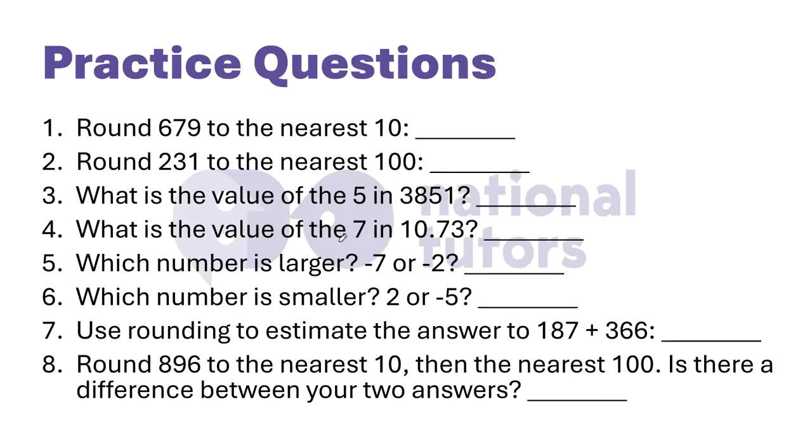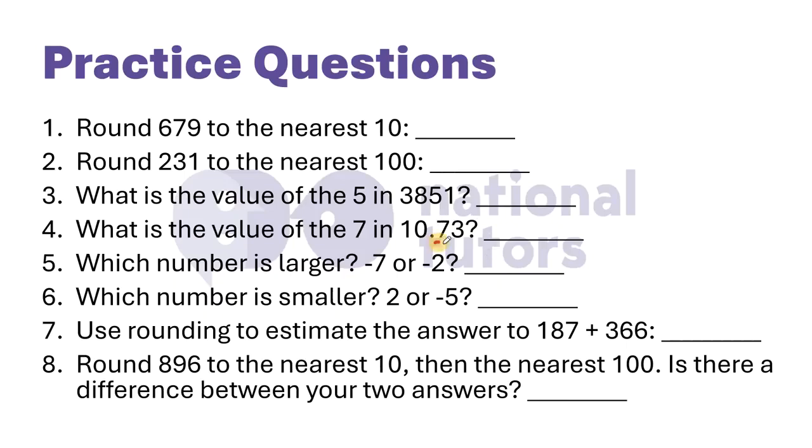Now, a bit trickier this time, what is the value of the 7 in 10.73? Now, this time our place value involves a decimal, and the number in question is the first after the decimal. So that means we're going into tenths, hundredths, and thousandths.